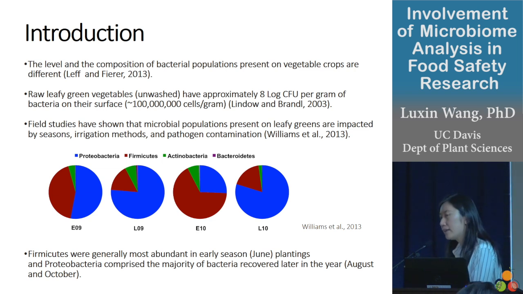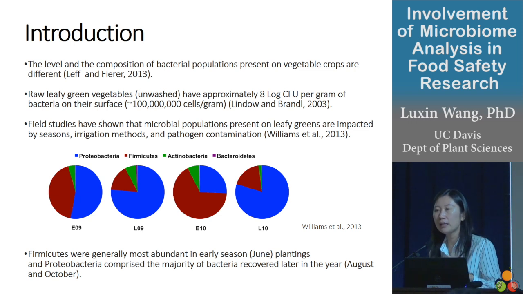So what they see is there are 4 major bacterial phyla present on those romaine lettuce: proteobacteria, which is the dark blue, Firmicutes, which is the dark red, green actinobacteria, and the purple Bacteroidetes. Once they collected the romaine lettuce leaves from the field, they analyzed their composition.